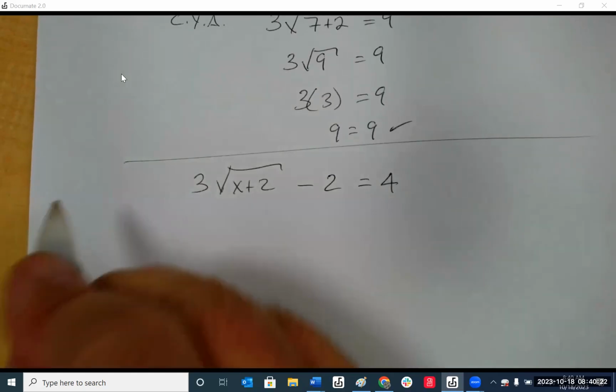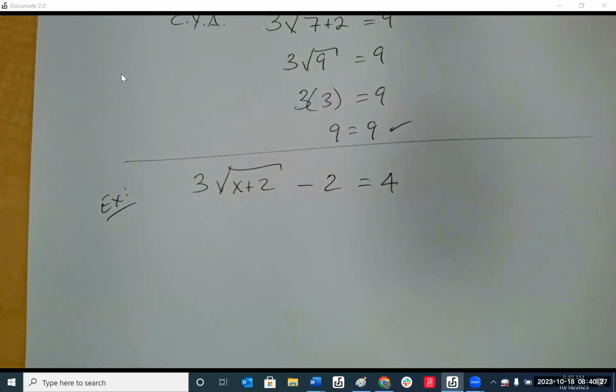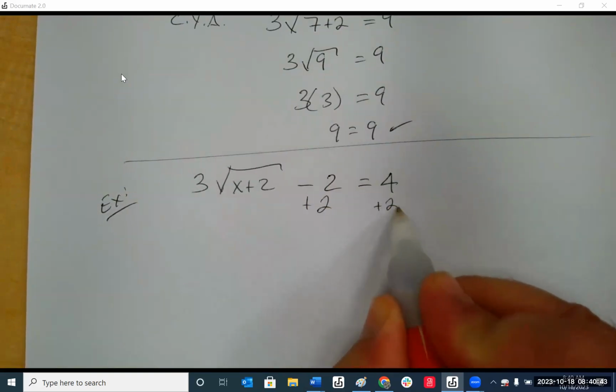How about this example? It's the same as if it was just solving for x's. Always get rid of pluses and minuses first, then get rid of multiplication and division, and then solve for x. So here we have to add 2 to both sides.